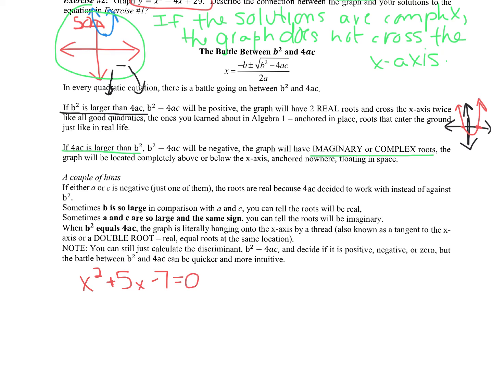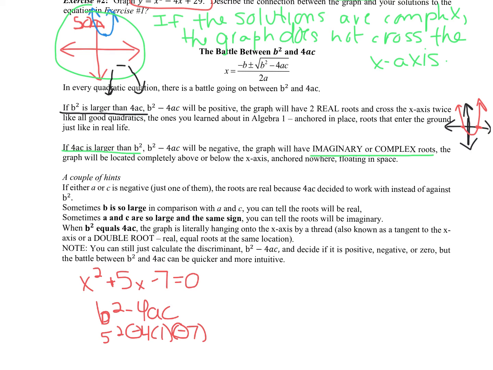If I thought about the discriminant, just that piece that goes in the square root, that would be b squared minus 4ac. So 5 squared minus 4 times 1 times negative 7. As soon as I have that one negative sign, that's going to cancel with this negative sign, and it has to be positive, right? Because we're going to get 25 plus 28 in this case. There's no way that they're even working against each other.